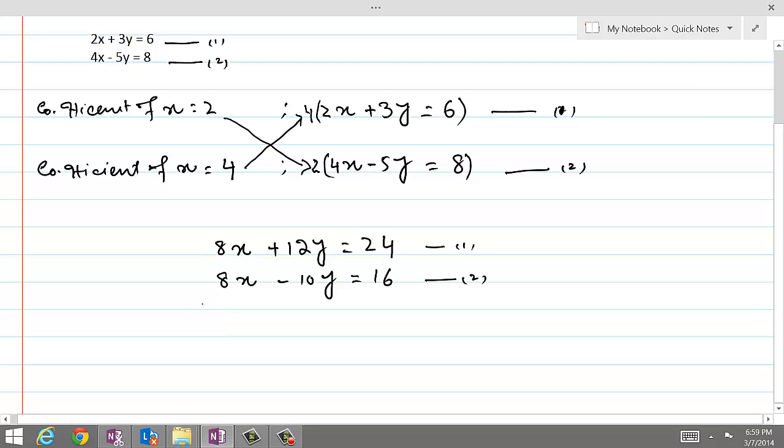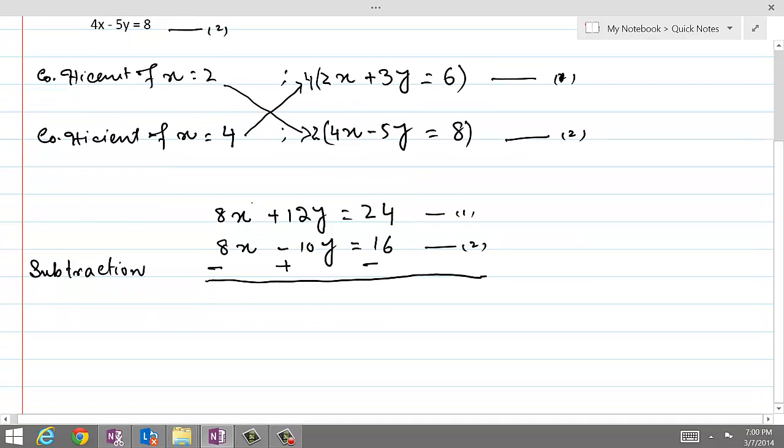And now we are going to subtract, and for subtraction we change the signs of the second equation. So we change the sign here, here, and here.